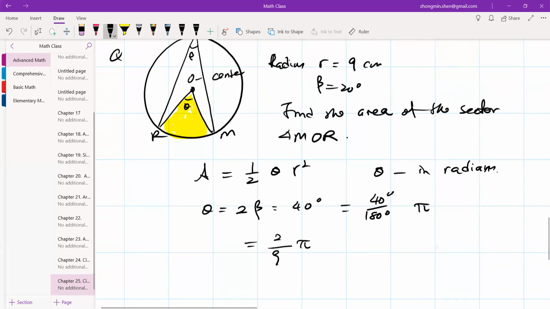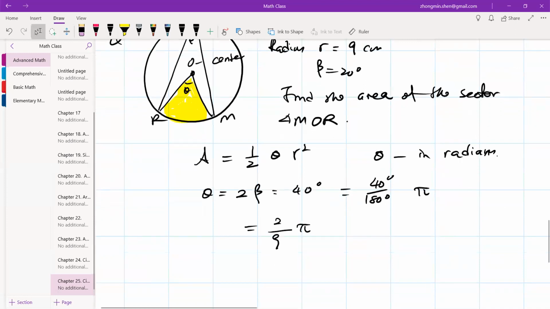It's easy to see that. So that's 2 pi over 9 in radians. Then the area is 1/2 times 2 pi over 9, and r squared is going to be 9 squared. Then you cancel it out, it's going to be 9 pi. It's square centimeters.